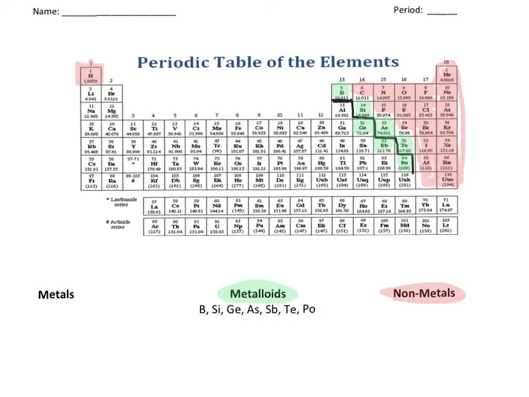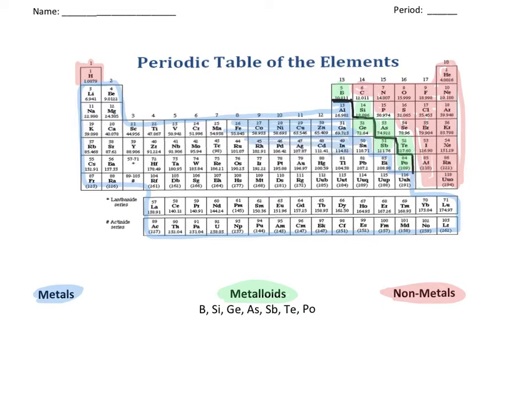Everything else is a metal. I'm going to color those blue, so anything to the left of the staircase, with the exception of hydrogen, is a metal, including those inner transition metals there.